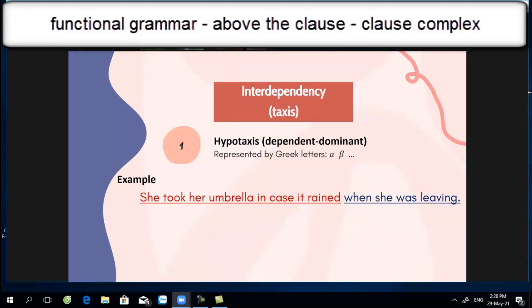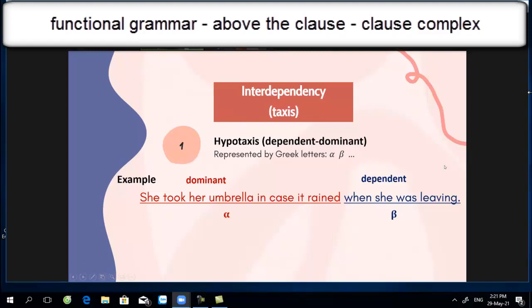Another example, as you can see here: she took her umbrella in case it rained when she was leaving. And we have the dominant or the primary clause, that is, she took her umbrella in case it rained. And the secondary clause or the dependent element is when she was leaving. So we can put the mark like this.